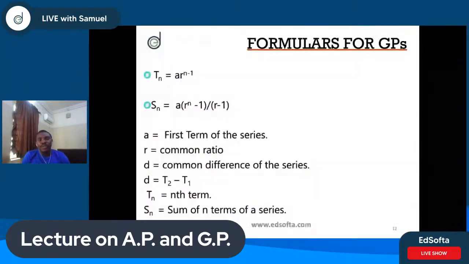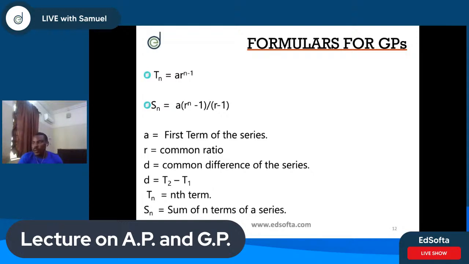Okay. So the next one is the sum of n terms.